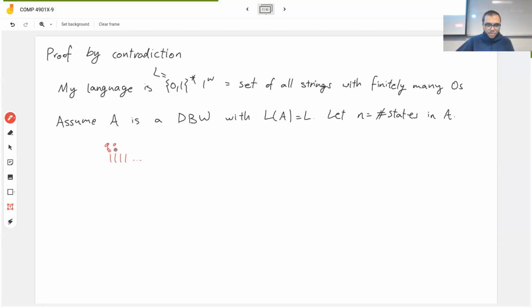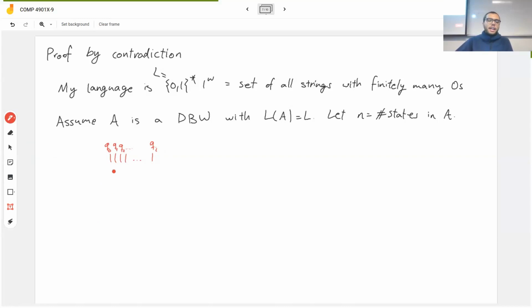So I start at Q0, then I go to Q1, Q2, and so on. At some point, I'm going to reach an accepting state. Let's call that Qi. So Qi is an accepting state. This is the first accepting state that I reached, and I reached this after reading i 1s, basically.